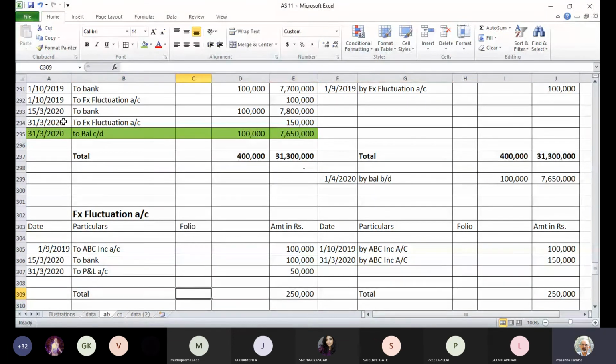The balancing figure is transferred to P&L account, which is a profit of 50,000 rupees at the end of the year. It's a profit made in the process.